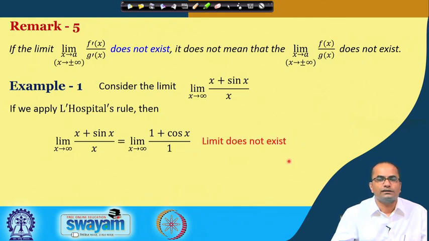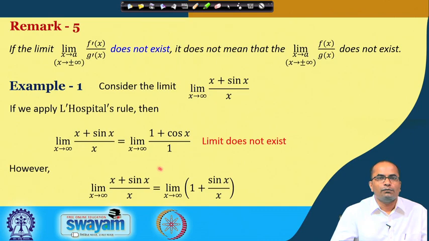So, this limit does not exist, but if we evaluate it in some other way, like x goes to infinity of x plus sin x over x, and we rewrite this as 1 plus sin x over x, we divide by x and separate it. So, we have x over x plus sin x over x, meaning 1 plus sin x over x, and now we can directly evaluate this limit.